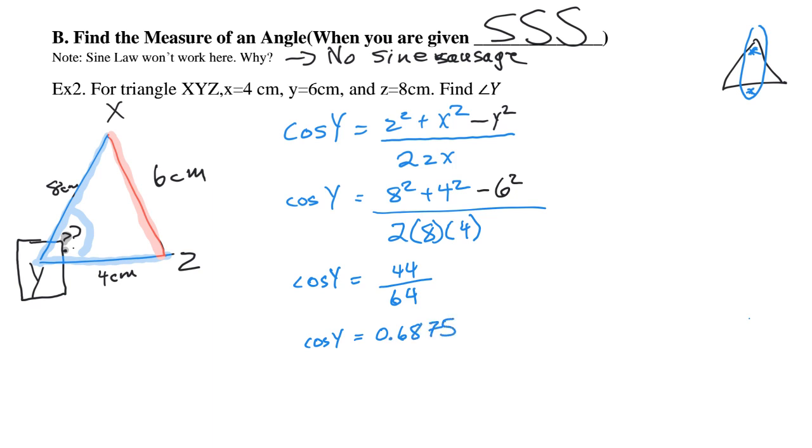Now we want angle Y. So to get angle Y by itself, angle Y is going to be cos inverse of 0.6875. And that gives us our angle Y equaling 47 degrees. And we are done.